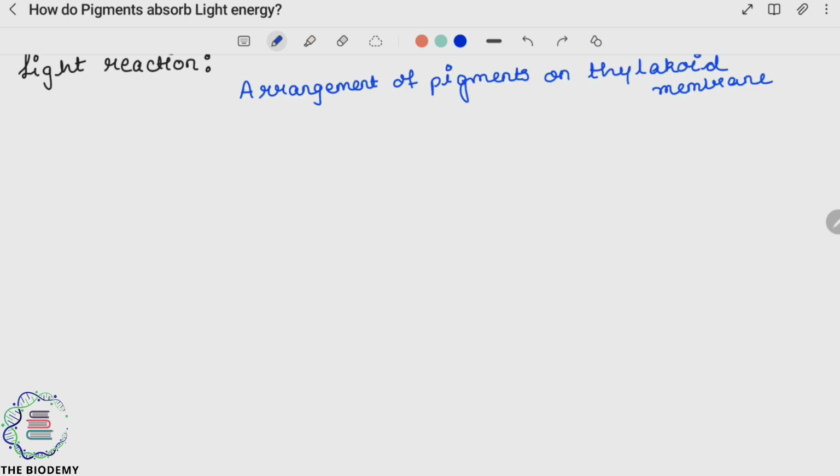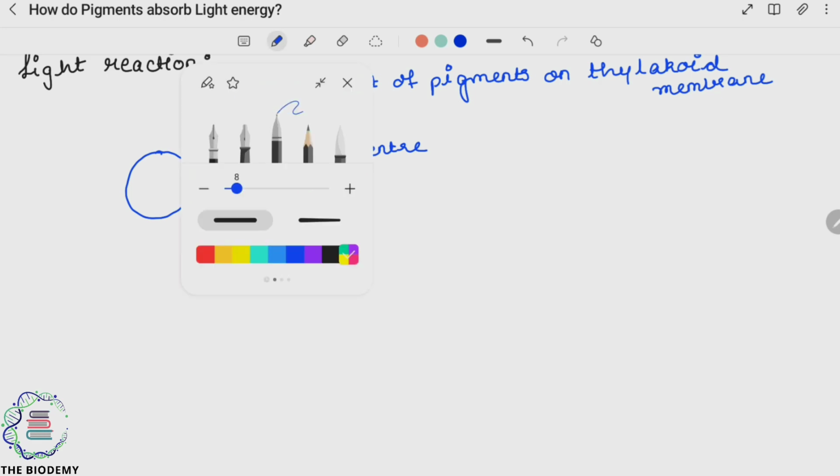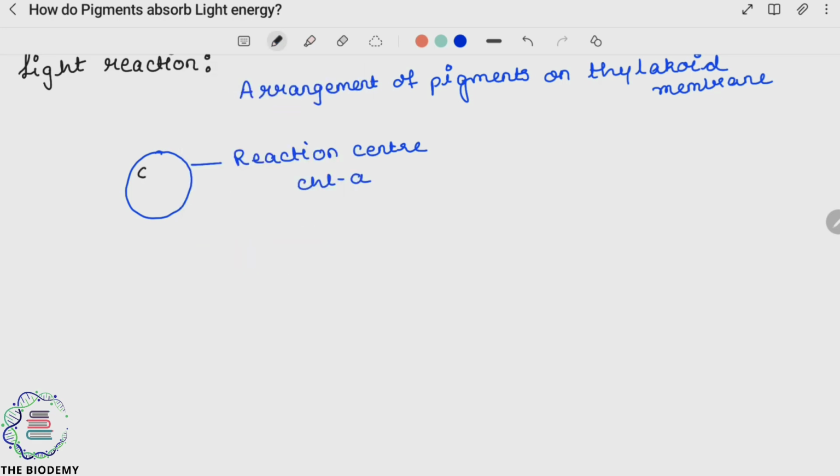So on thylakoid membrane, we have a reaction center chlorophyll A. This reaction center chlorophyll A usually absorbs around 680 to 700 nanometer. Let's say the reaction center here is absorbing 680 nanometer of wavelength.